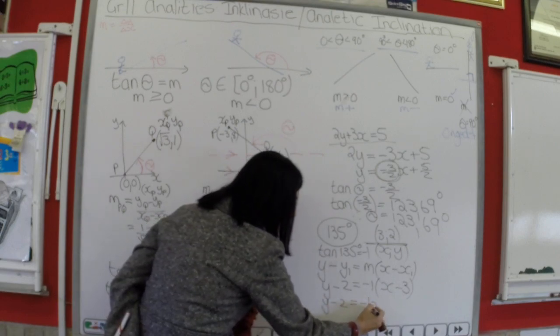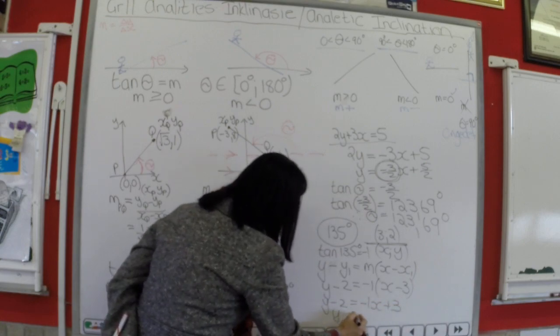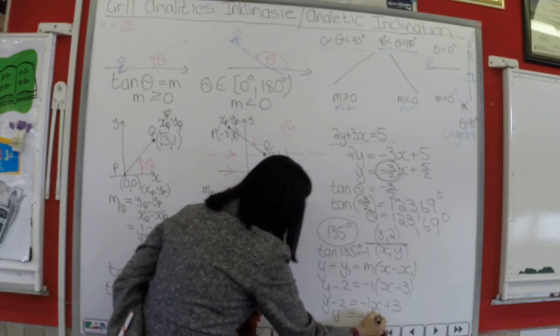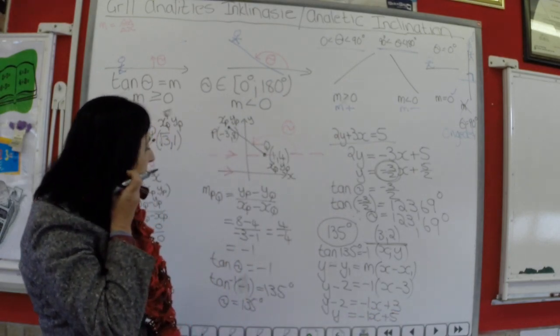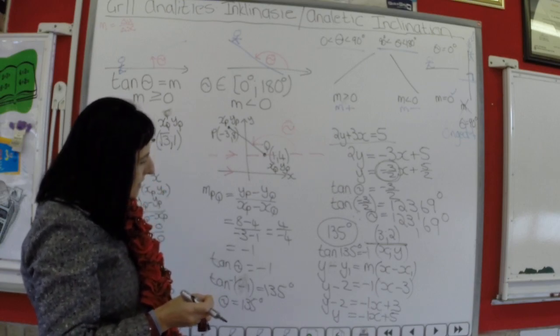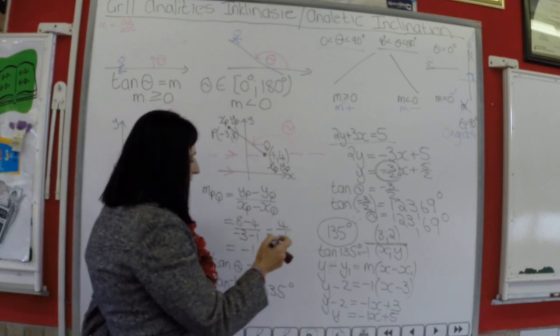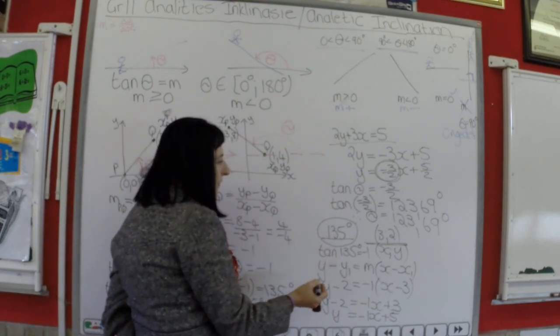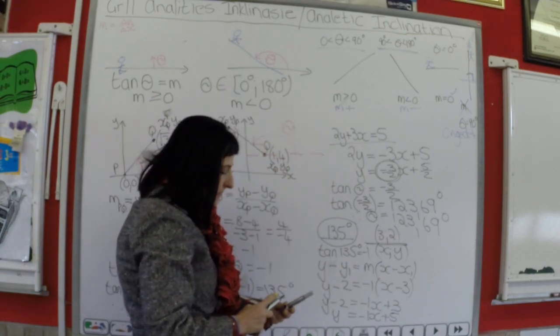Dis minus 1x plus 3, take the 2 to the other side of the equals 2. It becomes positive, and that's the name of your straight line. So y equals minus 1x plus 5 is the name of the line with an inclination 135 en 'n punt 3, 2 waardeur hierdie lyn gaan.